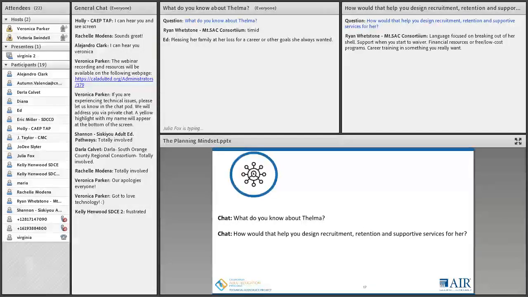So Ryan responds to recruitment language focused on breaking out of her shell, support when you start to waver, financial resources or free low-cost programs, career training in something you really want. Terrific.